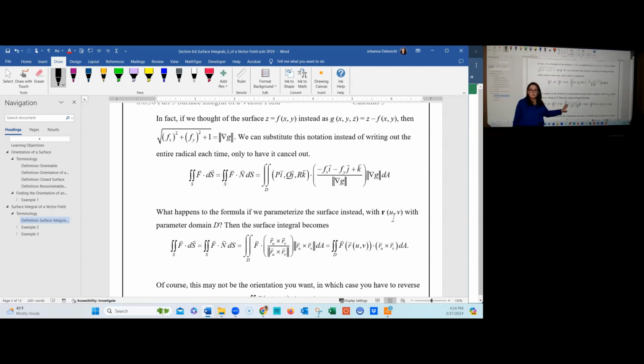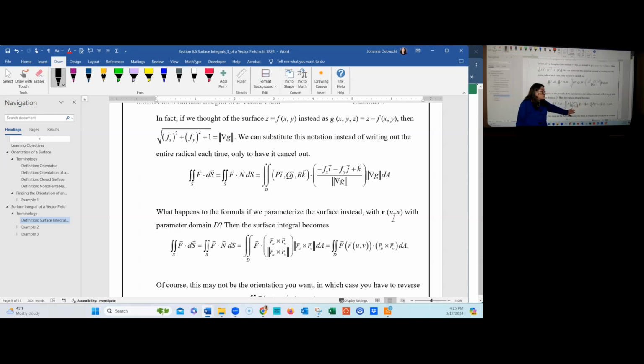We could also have represented the parameterization as r a function of u and v, where u is not x and v is not y. This would lend itself to parameterizations done in terms of cylindrical or spherical coordinates. When we do that, then it becomes the vector field F dotted with the normal vector, which is r sub u cross r sub v divided by its magnitude to get a unit normal, multiplied by the surface area differential, which is the magnitude of the normal vector times the differential dA.